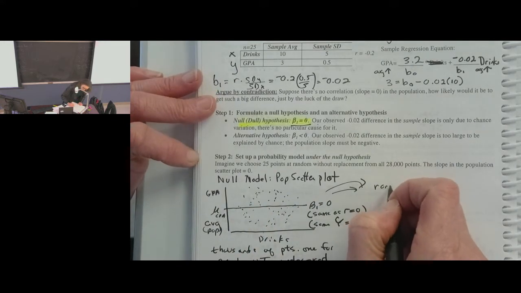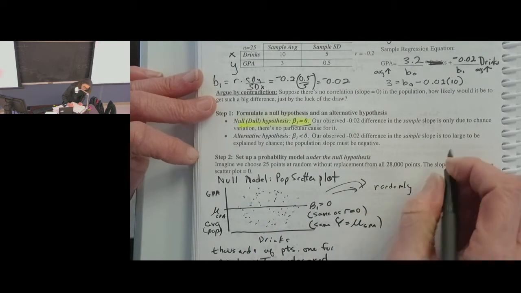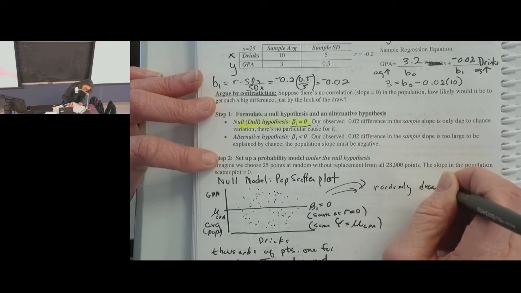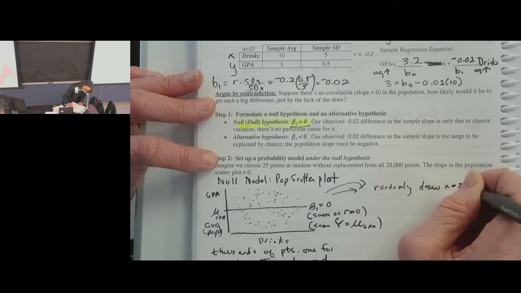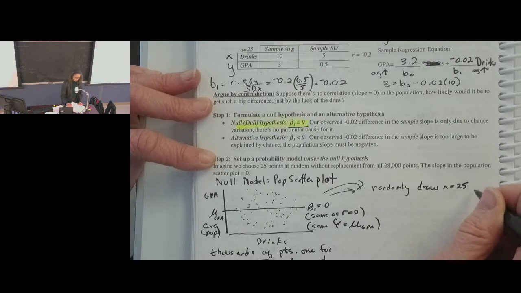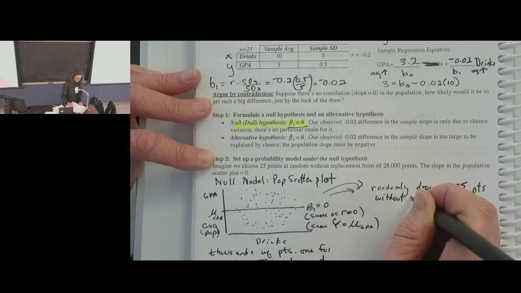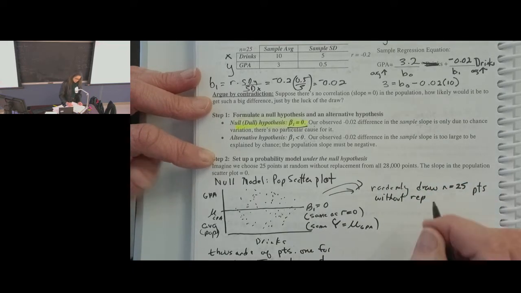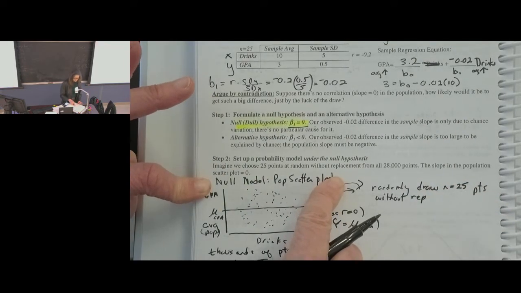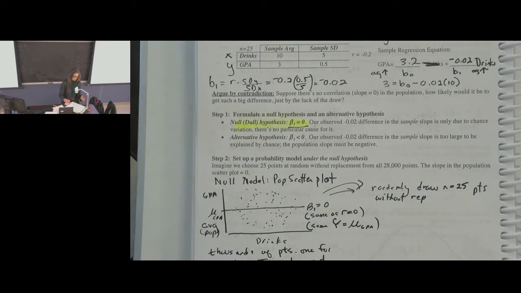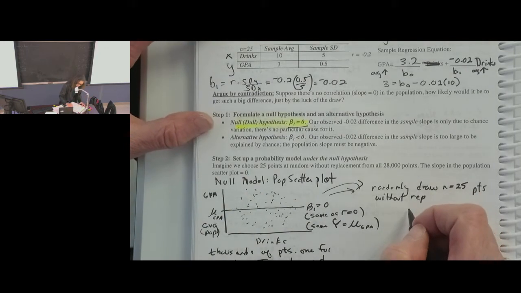You randomly draw n equals 25 points, and it's without replacement. And we get this sample. This is our population scatter plot, and then we get a sample scatter plot. That's what we actually see.